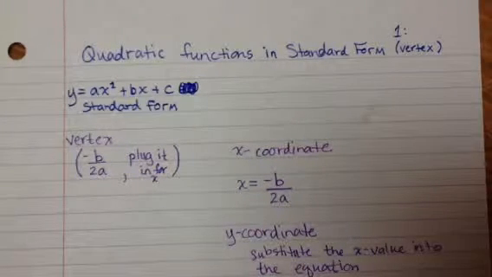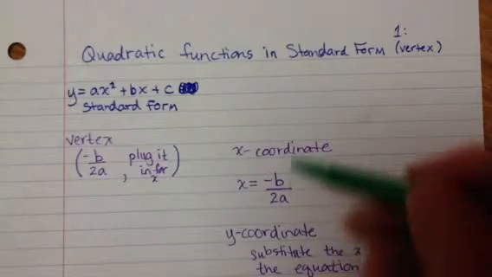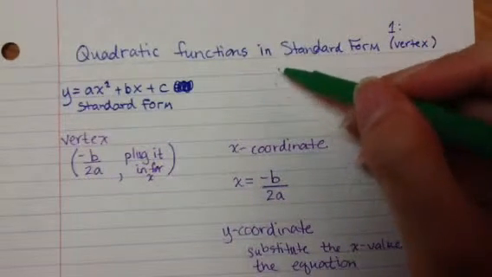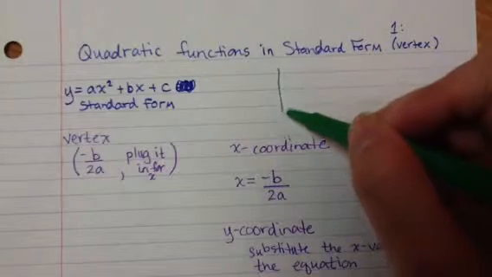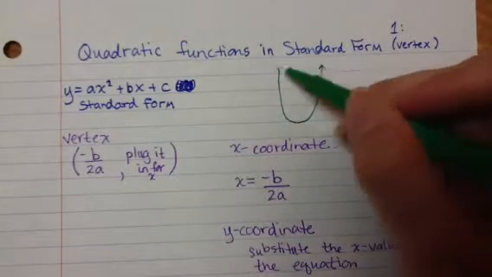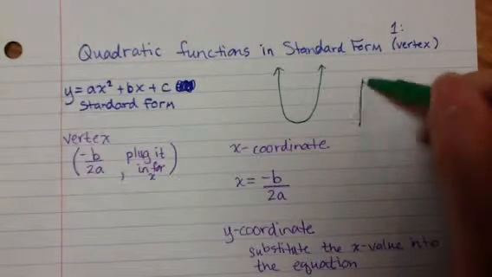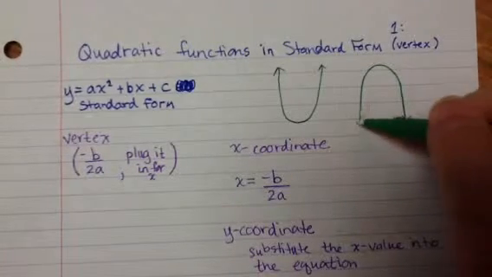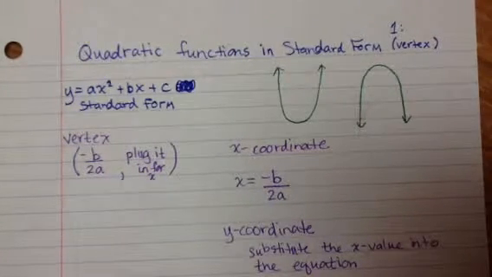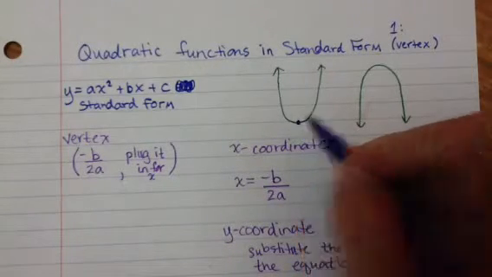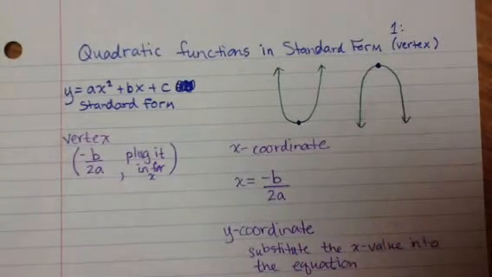Now let's think for a second about what these parabolas look like. Parabolas are that U shape, so our quadratic functions are U-shaped. They could open up or they could open down. And they have a vertex that goes through either this point here or this point here.